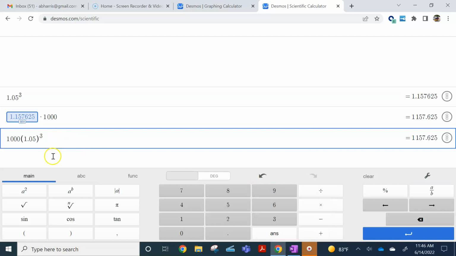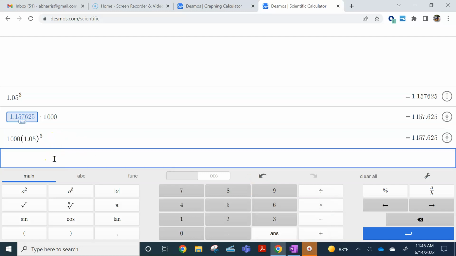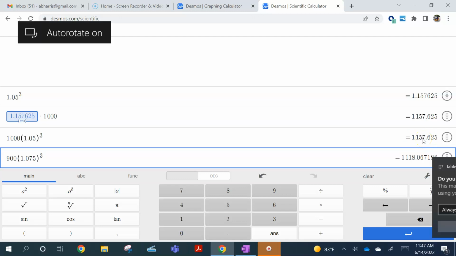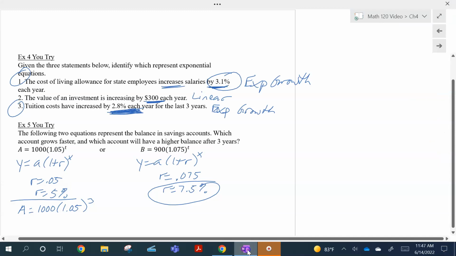1157.63. The second one was, I think, 900 times 1.075 to the third. So that's 1118. So it's actually the first one, even though it grows slower, it initially has more money, and after the third year it has 1157.